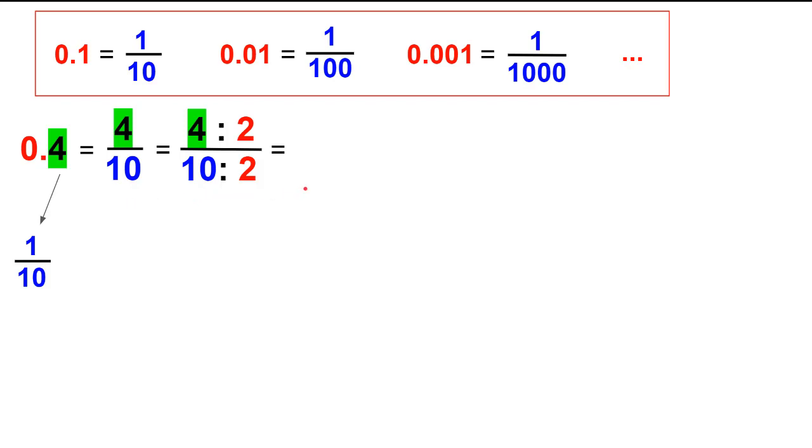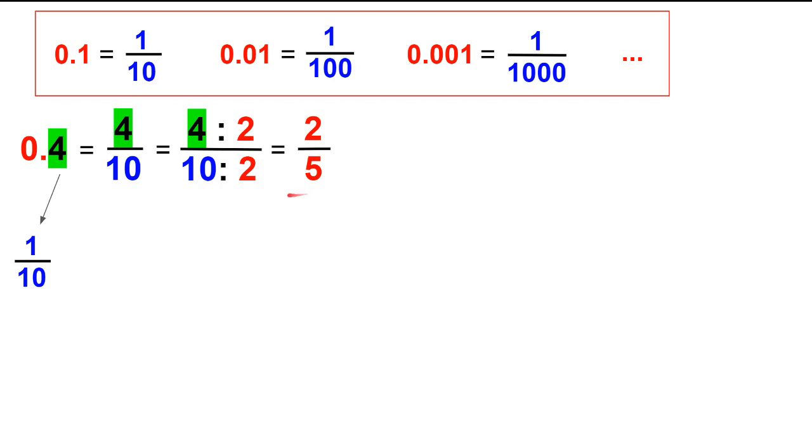The simplified version is 2/5. Divide the 4 by 2 and the 10 by 2. This is the simplified version. This is what you are expected to provide when someone asks you to convert a decimal to a fraction.